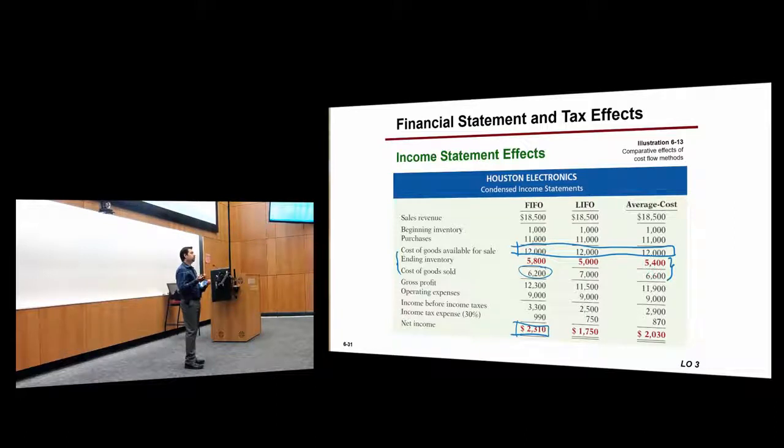Like, if TV1 was purchased for $500, TV2 for $550, TV3 for $600, when you pick the earliest ones, they are cheaper. So in periods of inflation, FIFO will lead to the highest net income because cost of goods sold will be the lowest.